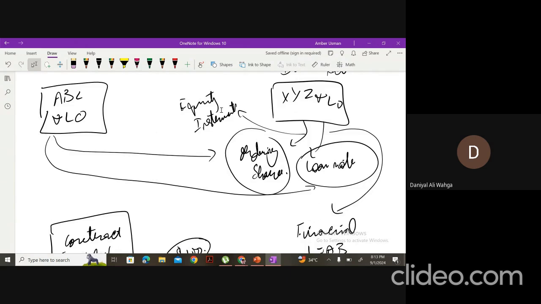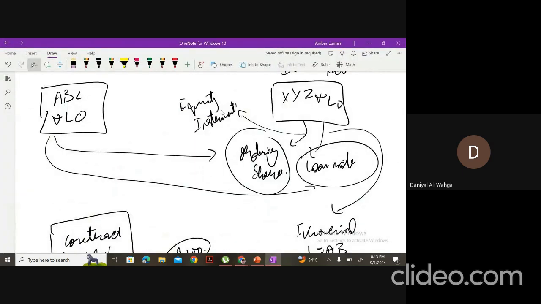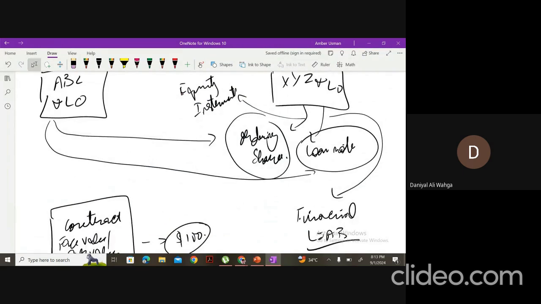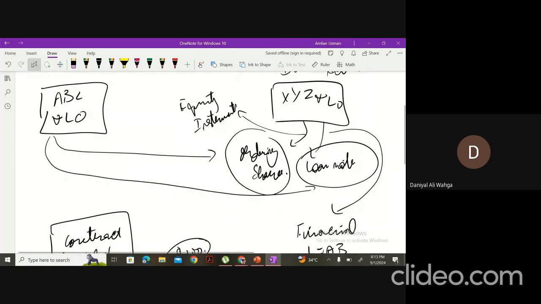Okay, so these loan notes will be repaid after 5 years, right? That's why it's a financial liability. It's an obligation for them. But from the perspective of ABC and Company, the ordinary shares and the loan notes are both investments.